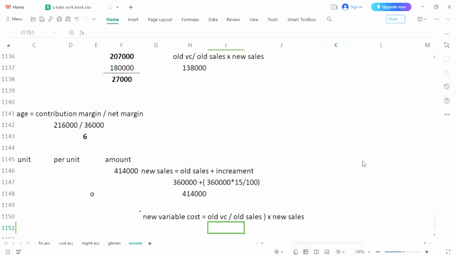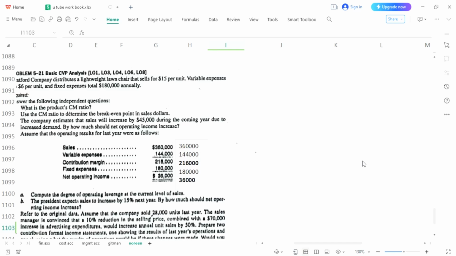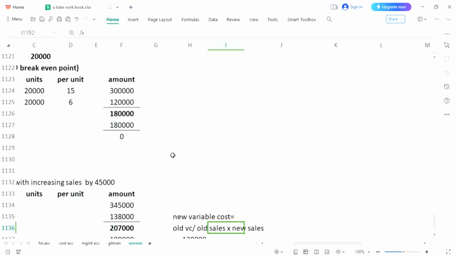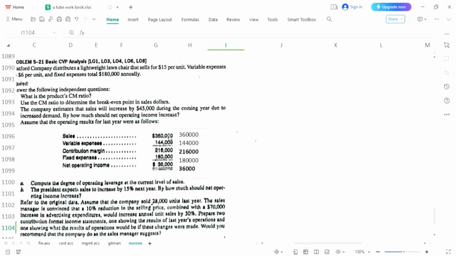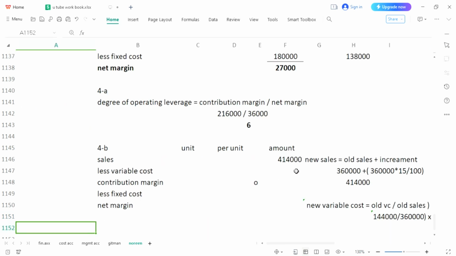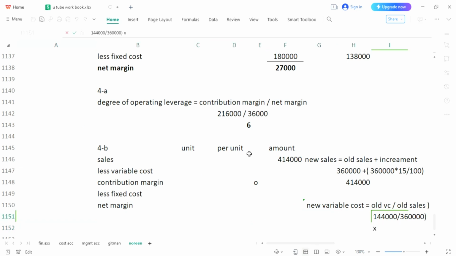So the old VC, which was present in our question, the variable expenses, is 144,000. Old sales are mentioned over here, 3,60,000. So you can divide by 3,60,000 and finally multiply with new sales, which we calculated as 4,14,000.